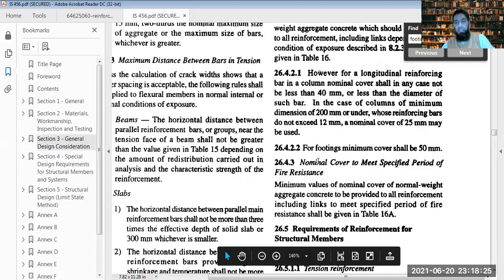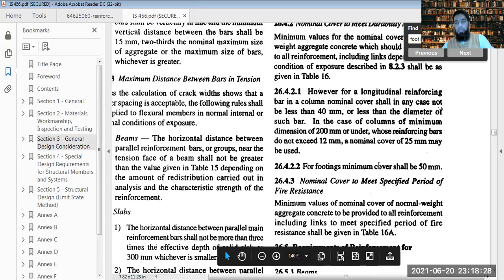So the minimum cover that's given for footings is 50 mm.